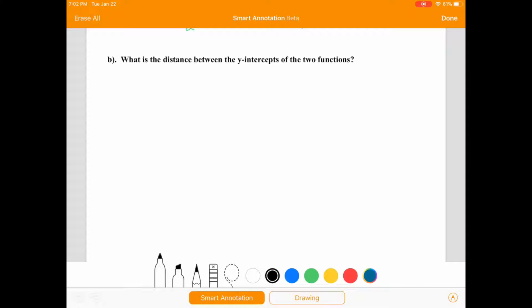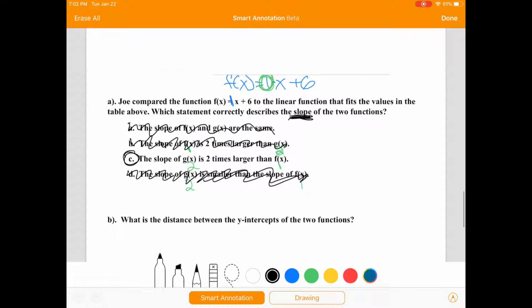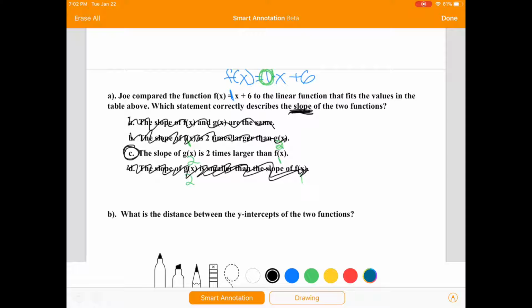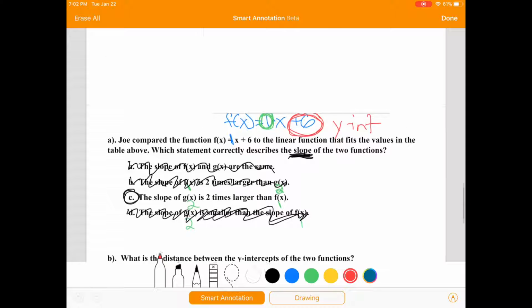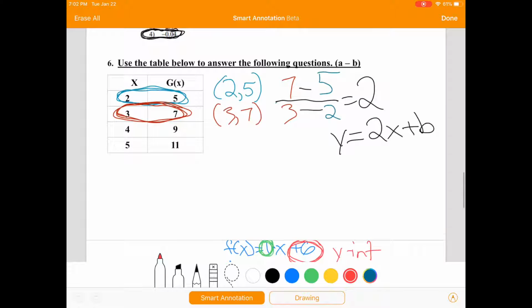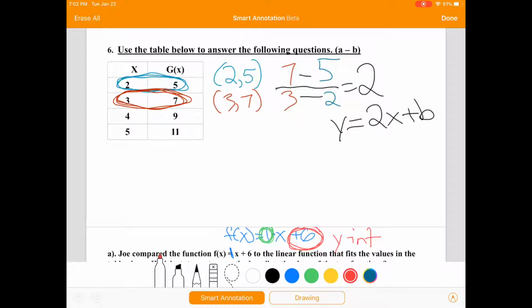Now for B, what is the distance between the y-intercepts of the two functions? The y-intercept of f of x is already given. It's 6. We've got to talk about how to find the y-intercept for g of x, though, from the table, because it doesn't show you what y is where x is 0.